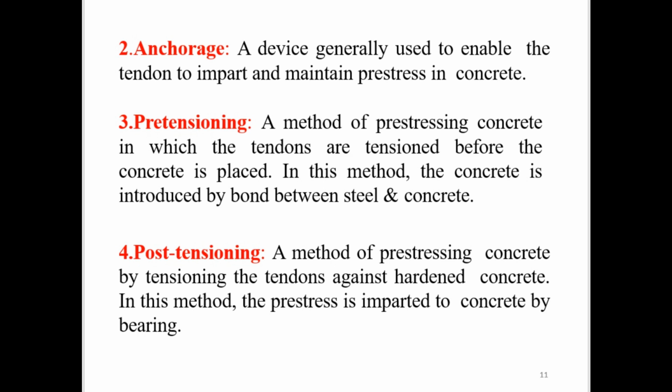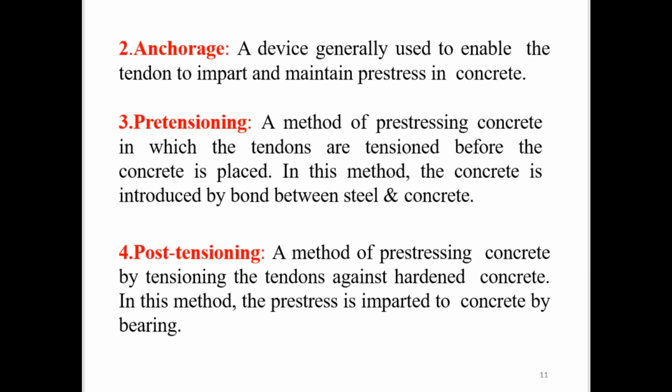Generally, as I have already explained, before pouring the concrete, these tendons or cables will be pre-stressed, then concrete will be poured into the mold. This will develop a good bond between concrete and the steel. This is about pre-tensioning.